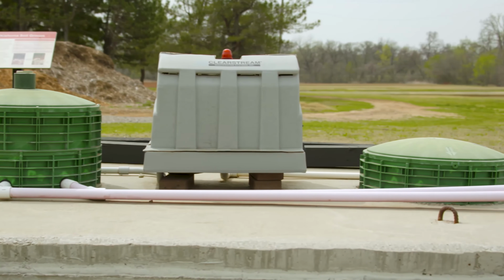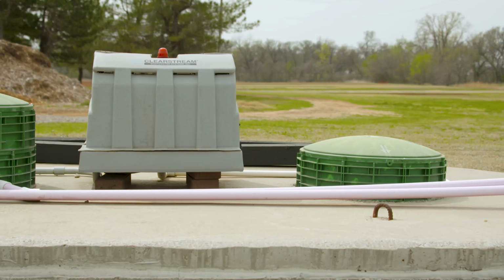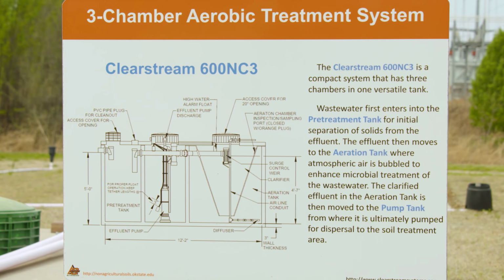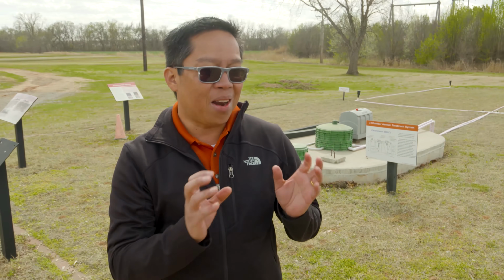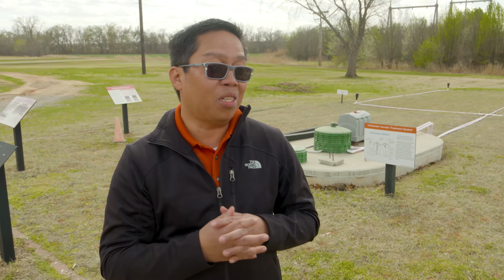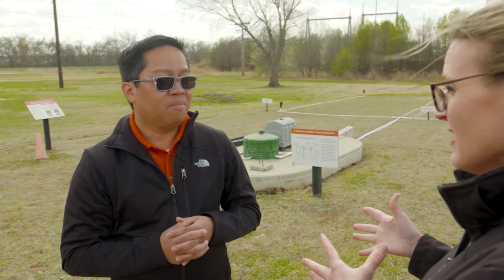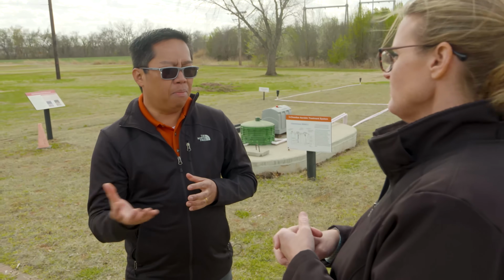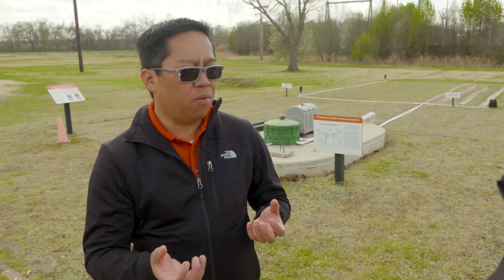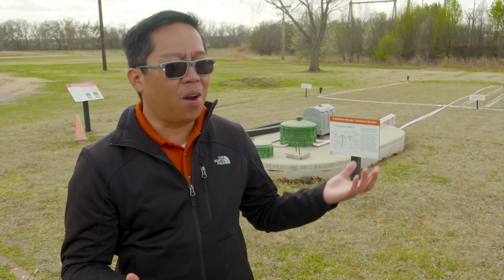The most important part is that you aerate the wastewater, or the effluent, with oxygen, atmospheric air, in order to increase microbial activity. And when the microbes are active, what do they eat? They eat organic matter in your sewage, and that is how it's treated. Is there electricity to that system too then? Yes, it runs on electricity to power the pumps, to power the aerators, and of course to dispose of the wastewater in the backyard.